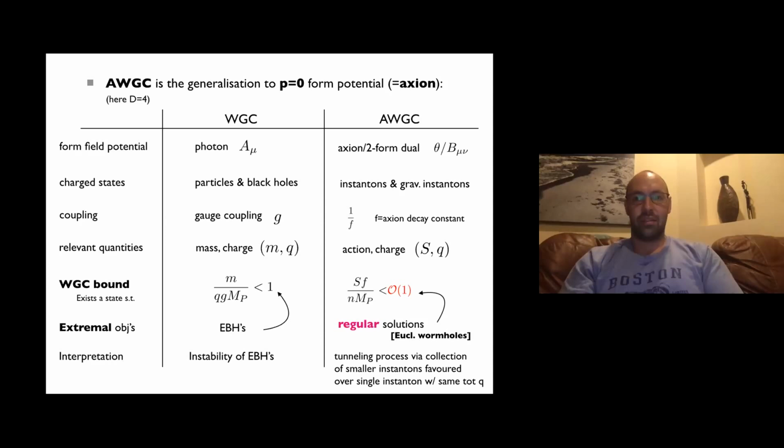So the interpretation is that, as extremal black holes have to decay, now if you want, the tunneling process via collections of instantons with smaller action is favored over the tunneling process of a single instanton with the same total charge as the collection.